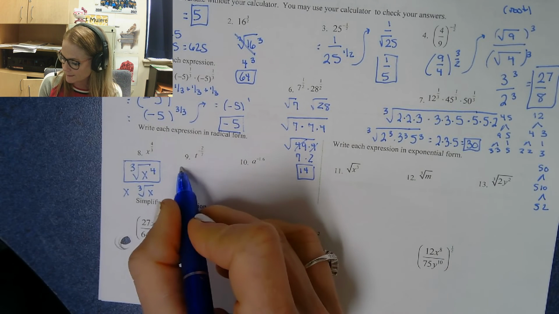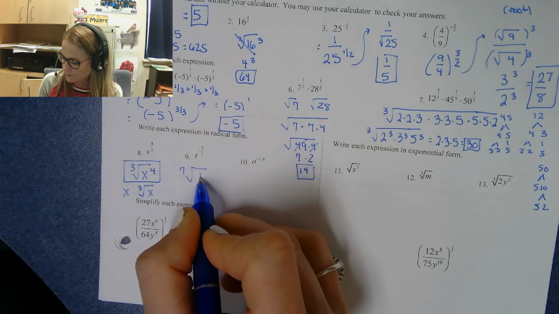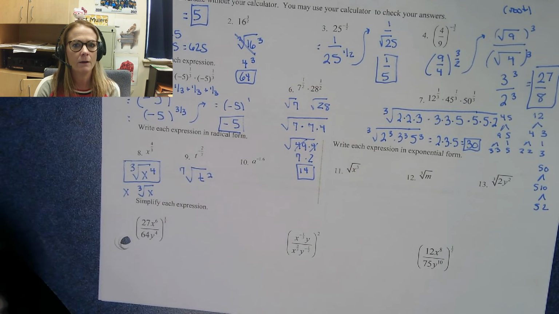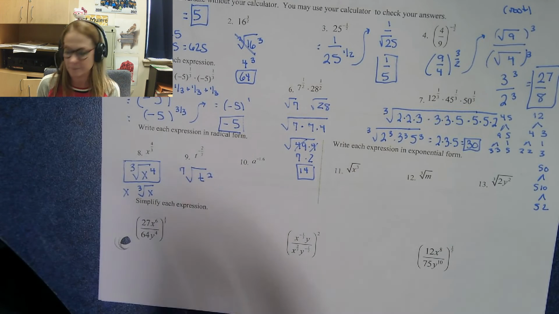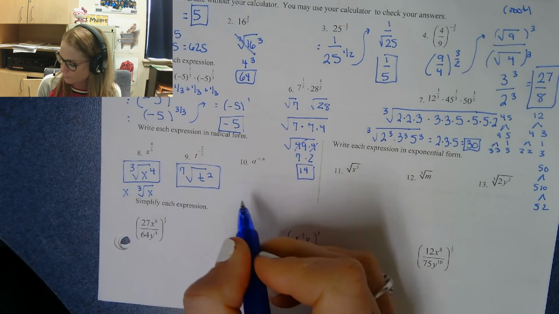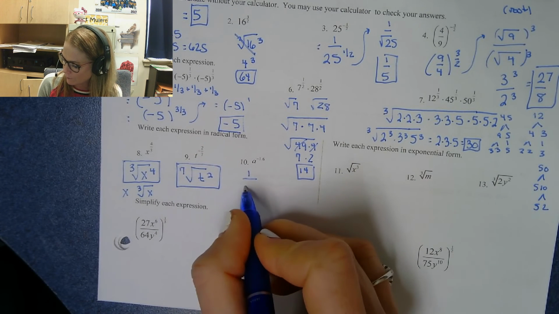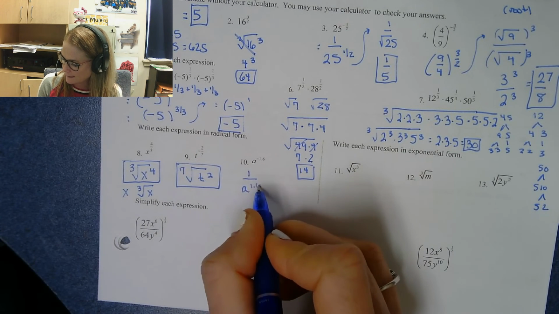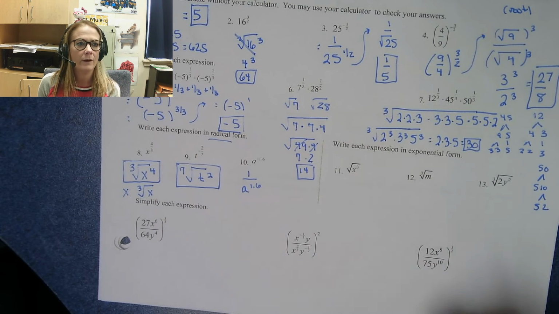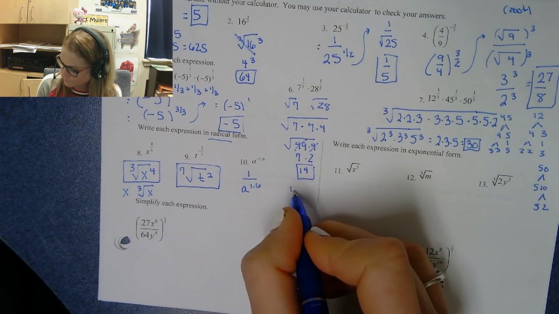All right, this is the 7th root of t squared. All right, and then the next one, we'll leave that. The next one is just a negative 1.6, so this is going to be 1 over a to the 1.6, and I want to put that as a fraction so I can put it in radical. So what is 1.6 as a fraction?